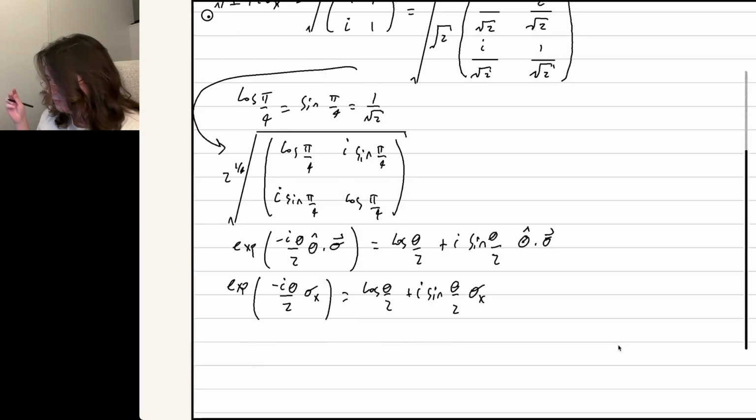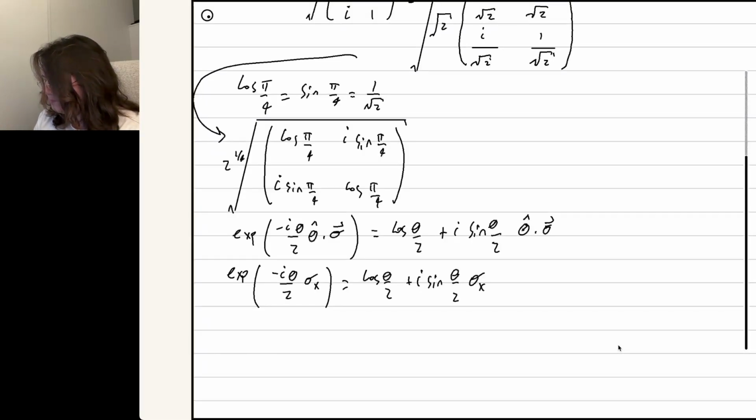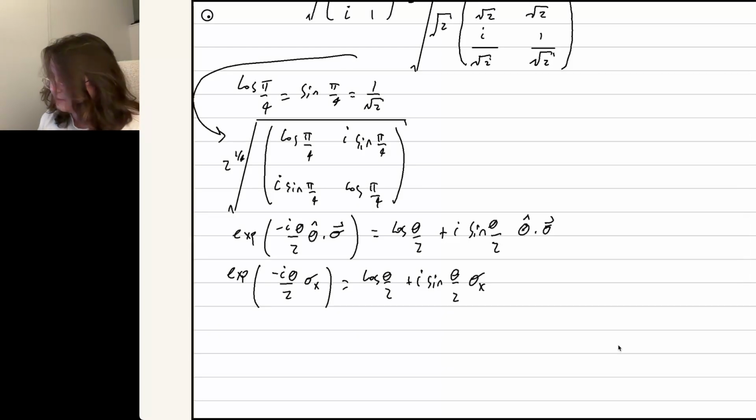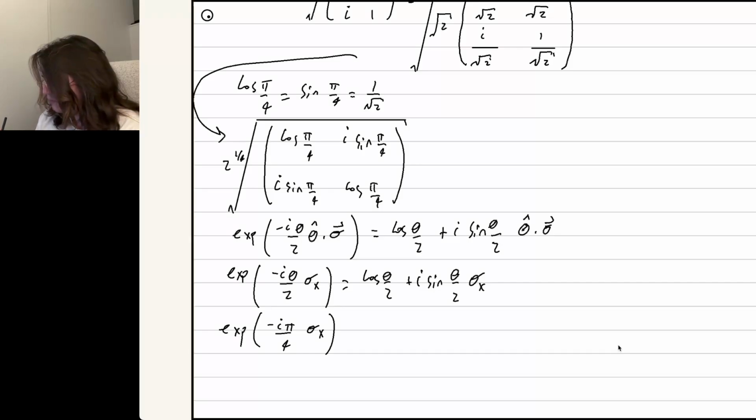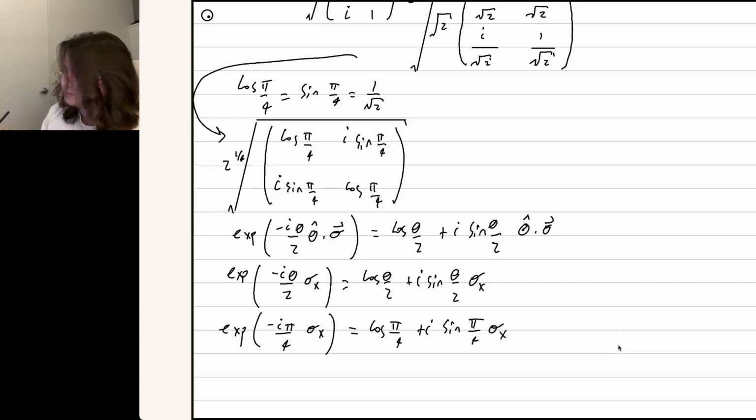And then if you use pi over 2 for theta, you get this expression, e to the minus i pi over 4 sigma x is cosine pi over 4 plus i sine pi over 4 sigma x, which is exactly equal to the matrix in that radical that we got just now.